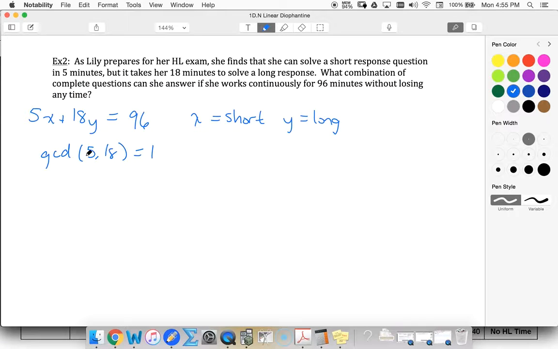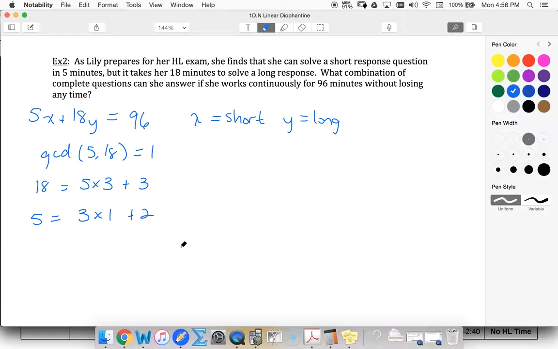Solving this, if I think about my GCD and finding this equation, 18 is equal to 5 times 3 plus 3, and then my next line is 5 is equal to 3 times 1 plus 2.